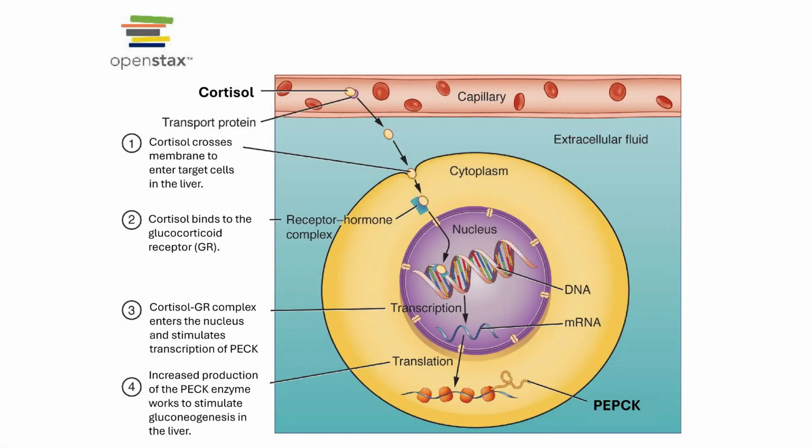Cortisol binds to glucocorticoid receptors inside the cell, and the complex enters the nucleus to stimulate transcription of the gene for PEP-CK. In response to cortisol, increased PEP-CK levels increase gluconeogenesis in the liver. This response provides a slower but longer-lasting increase in blood glucose compared to glycogenolysis.